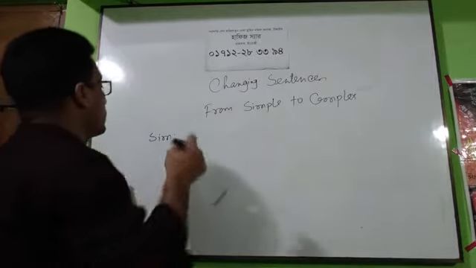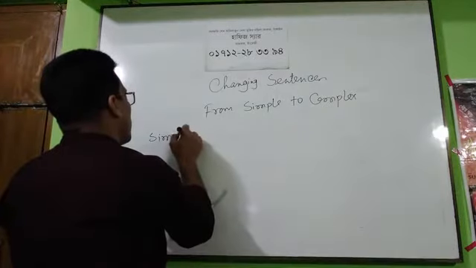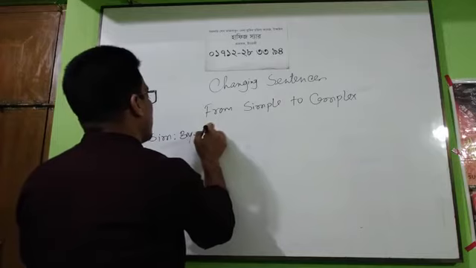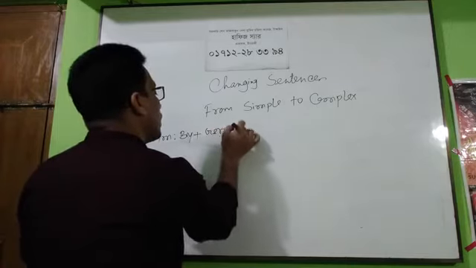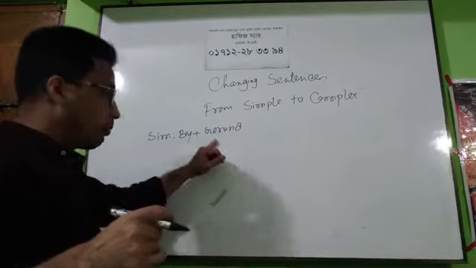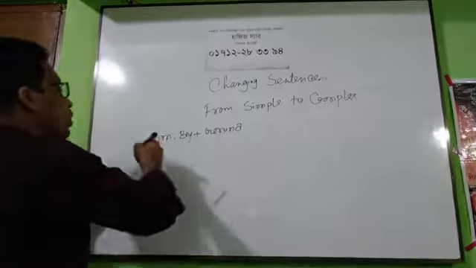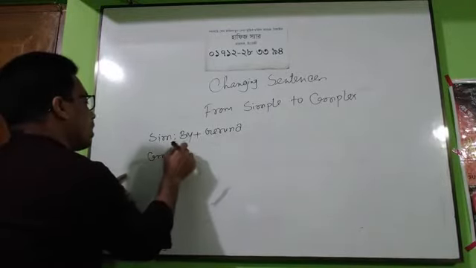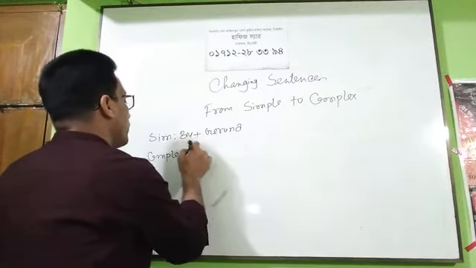Simple: if the sentence starts with verb plus gerund. That means gerund is verb plus ing. And then complex usually starts with if.